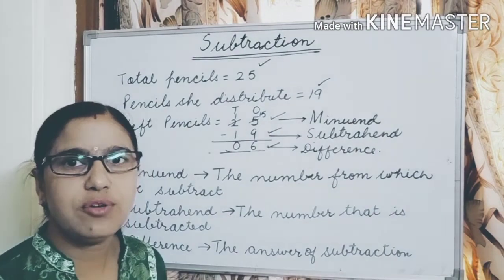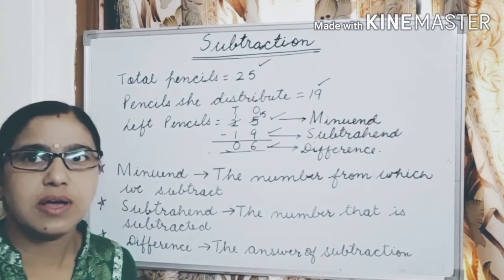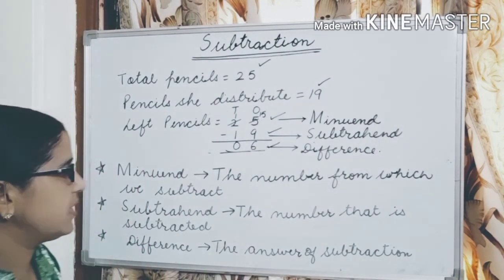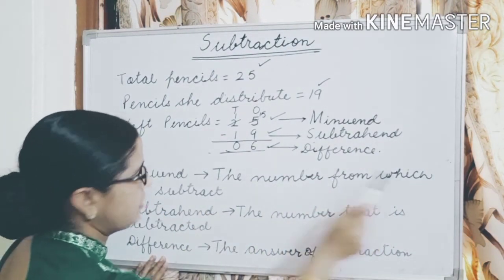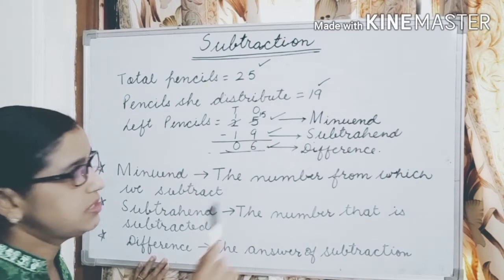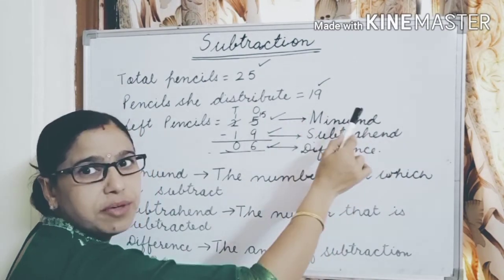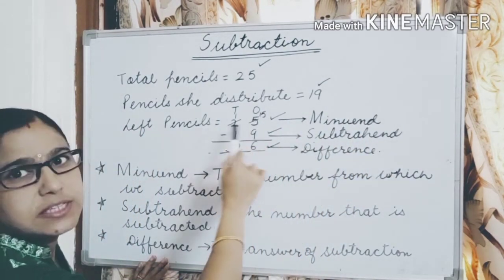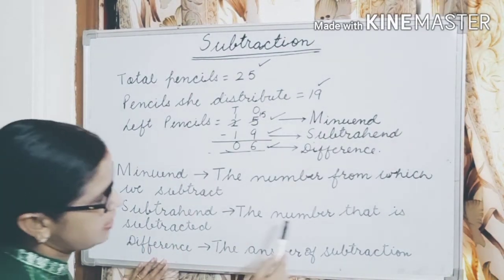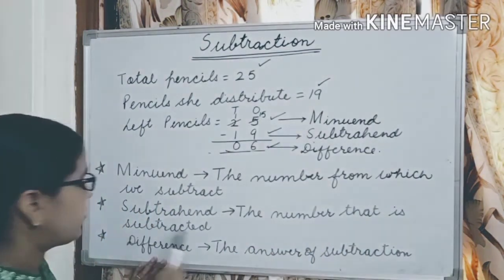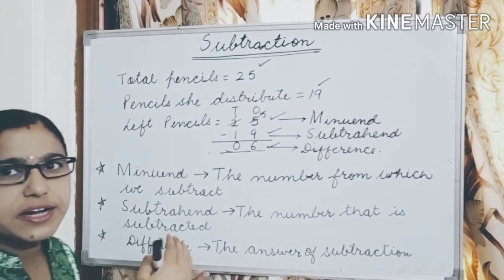Now I hope you understand. I am going to revise once again. Minuend, the number from which we subtract, means the bigger number from which we subtract. Next is subtrahend, the number that is subtracted, means the number that is taken away.